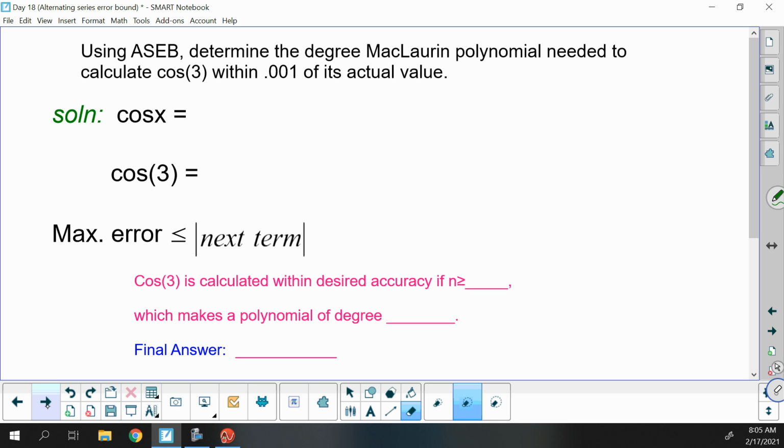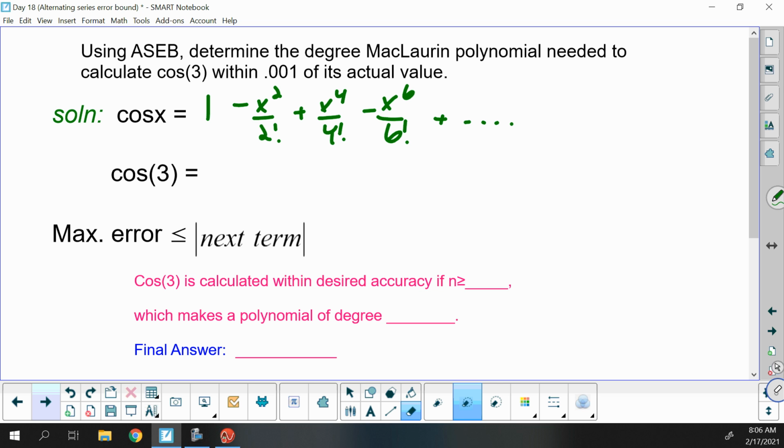So if we're going to use cos, we're going to see how many terms we would need to be within 0.001. So cos is even powers, so we have 1 minus x squared over 2 factorial, plus x to the 4th over 4 factorial, minus x to the 6th over 6 factorial, plus dot, dot, dot.